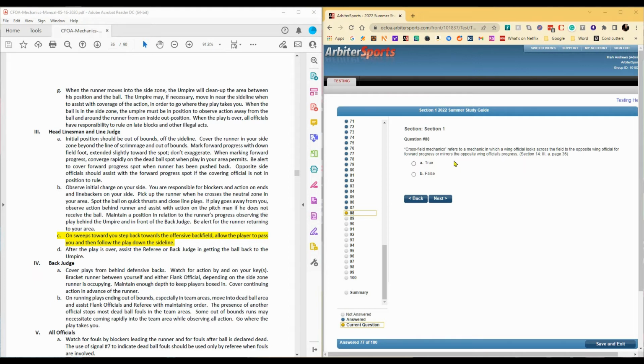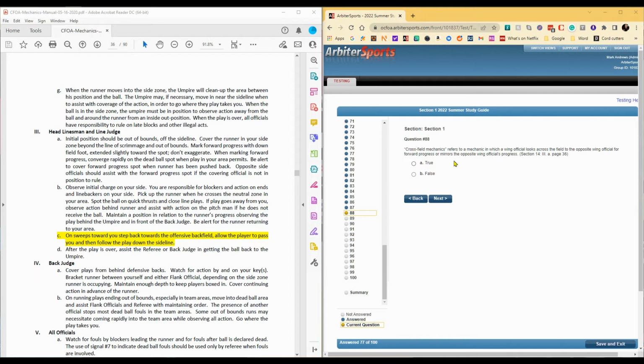And flank officials, if there's one thing I want to see this season is better cross-field mechanics. And we want to use them particularly when we have a ball that is caught in the air, because oftentimes the cross-field official has a better look at where that forward progress spot was rather than where he landed.